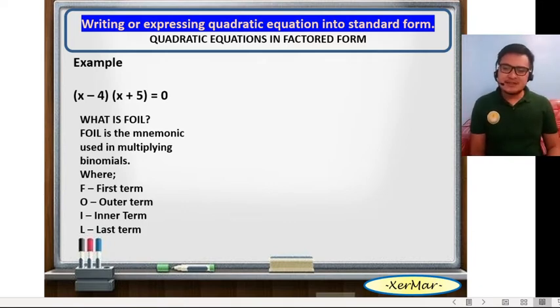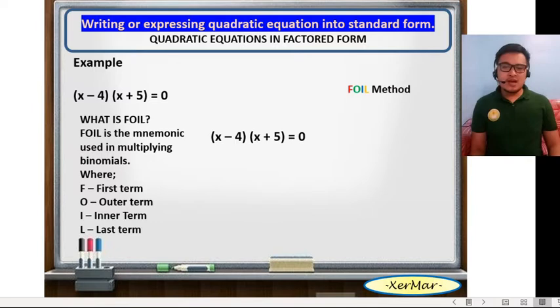Again, our given is the quantity of x minus 4 times the quantity of x plus 5 equals 0. We will get the product of these two binomials by using the FOIL method.